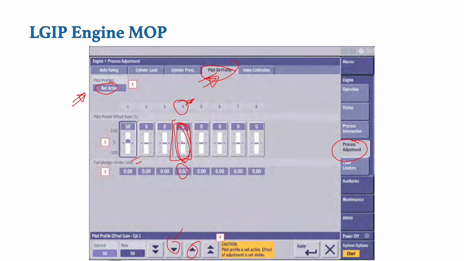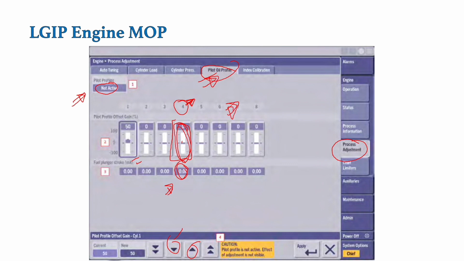If the fuel plunger stroke increases, that means the amount of oil injected as pilot fuel has increased. So with the help of the fuel plunger stroke, we can check whether the pilot profile has increased or not. With this, we can improve the combustion process in the main engine.